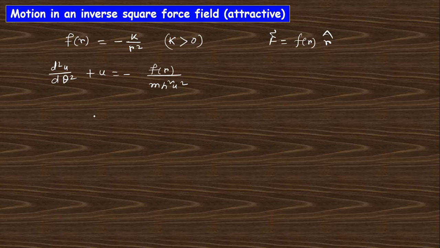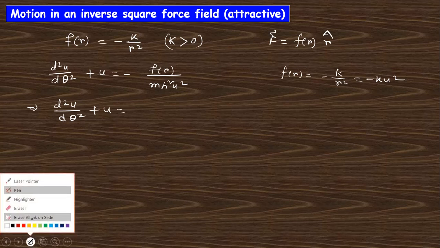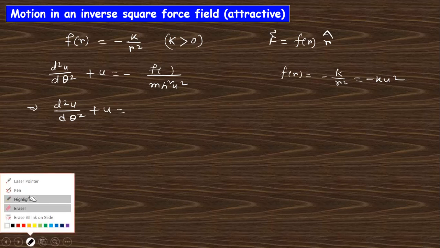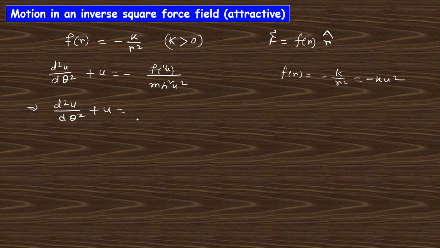So if you put this f of r as minus k by r square, and write it in terms of u, this is minus k u square by m h square u square.